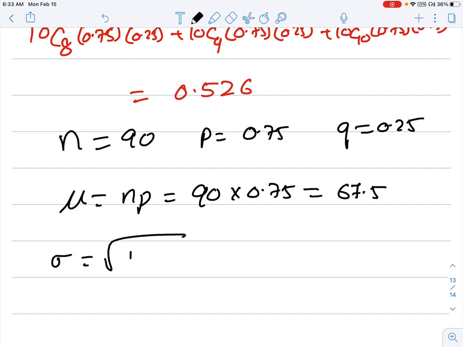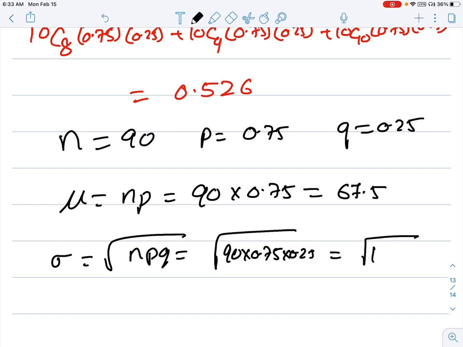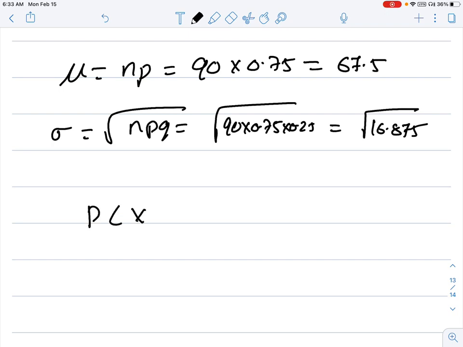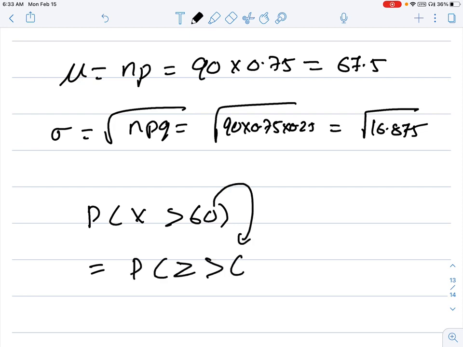Standard deviation is the square root of npq, 90 times 0.75 times 0.25, which is the square root of 16.875. Now it should be greater than 60, so with the approximation, whenever it is greater than 60, you should take 60.5 minus 67.5 divided by the square root of 16.875.